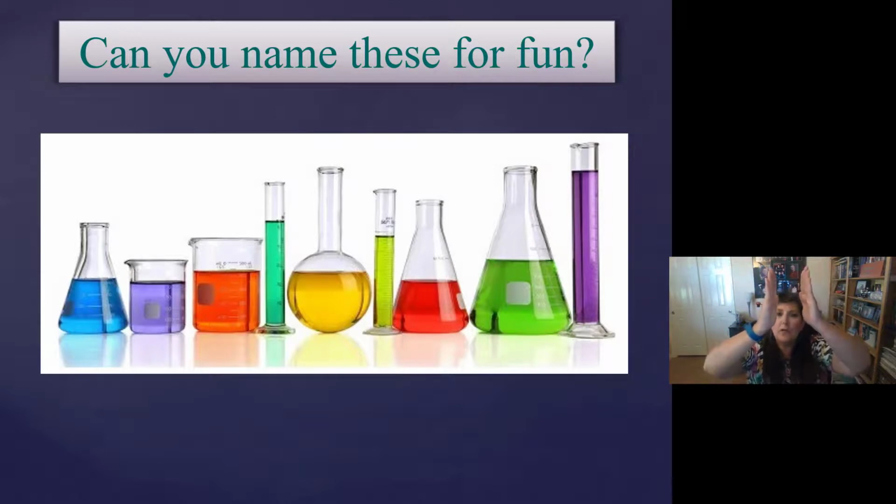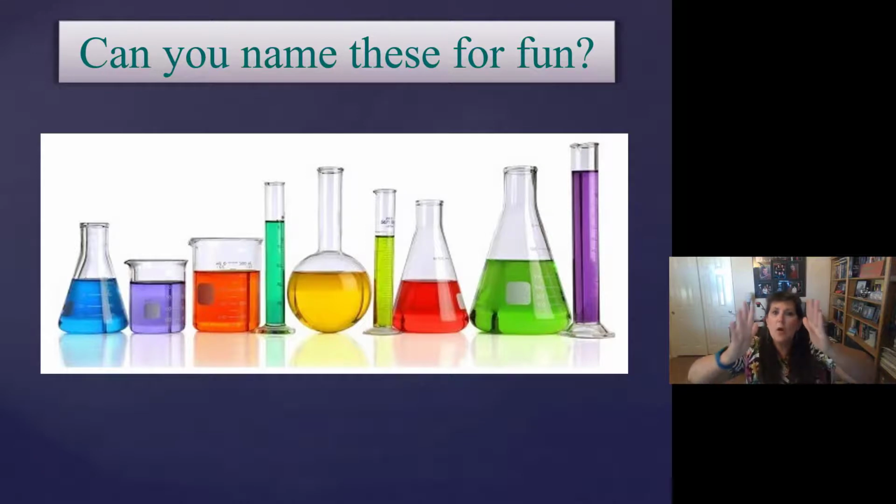Flasks narrow inwards. Now, there's a skinny thing with green liquid in it. What is that called? Yeah, that's a graduated cylinder. Very good, graduated cylinder. Now, in the very middle, we have a golden liquid in a round bottom thing. What do you think that's called?